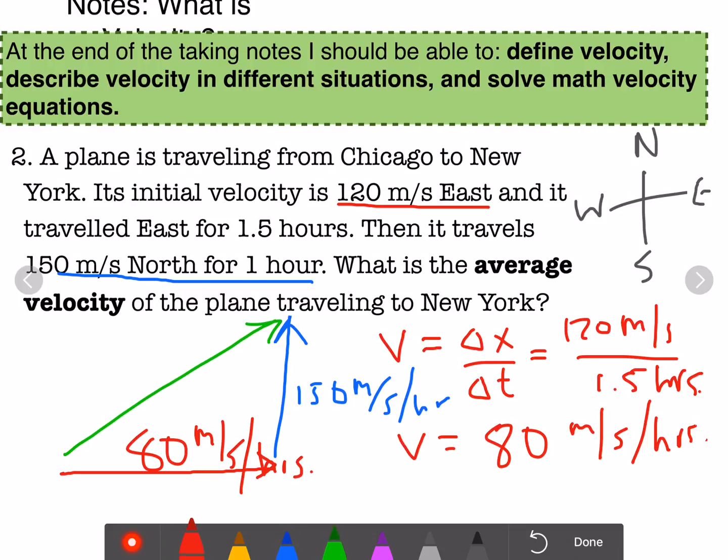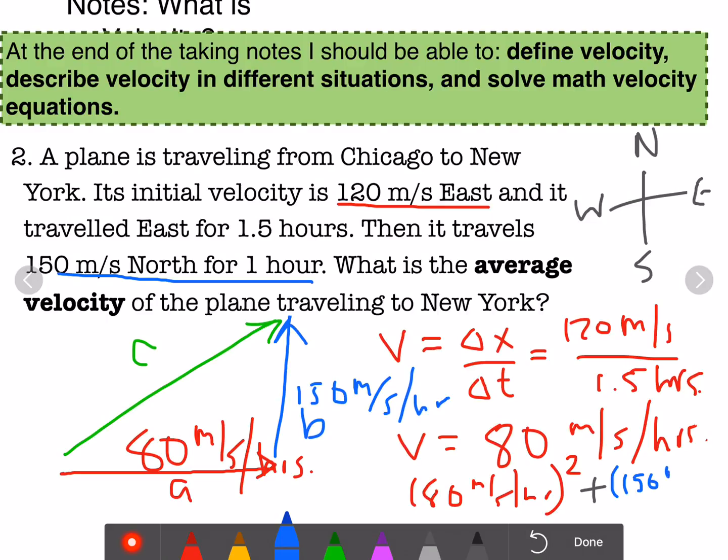We're going to have an A and a B, and we're looking for C. So 80 meters per second per hour squared plus 150 meters per second per hour squared is going to be equal to c squared.